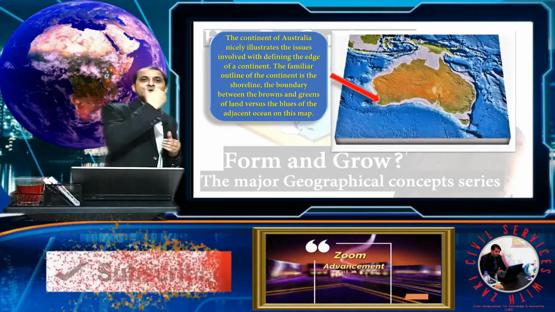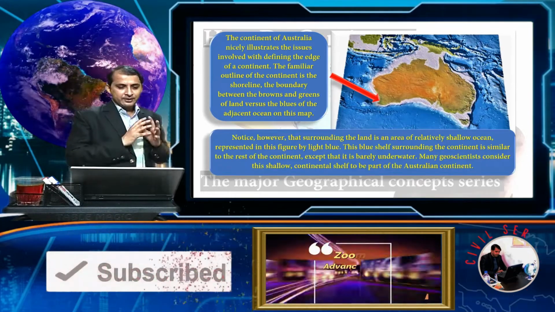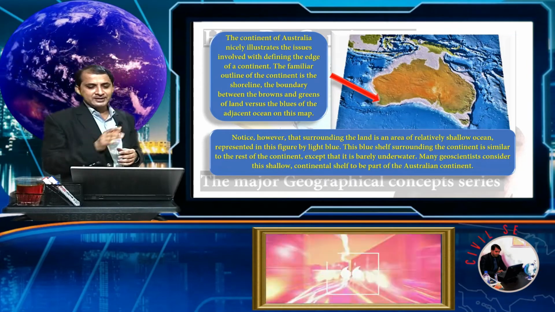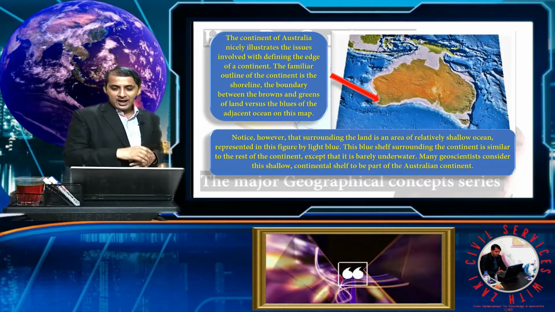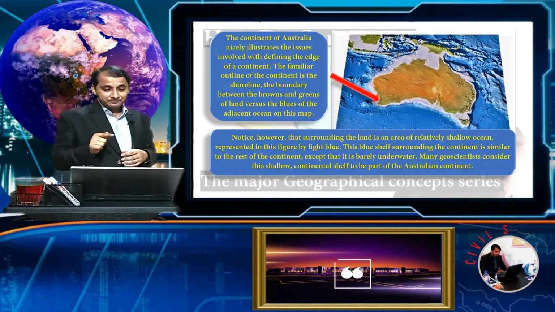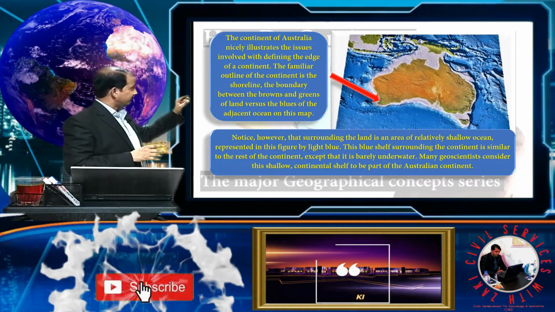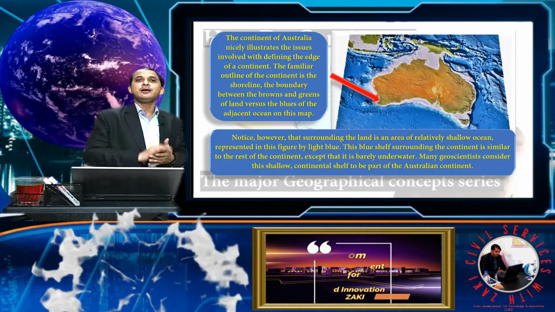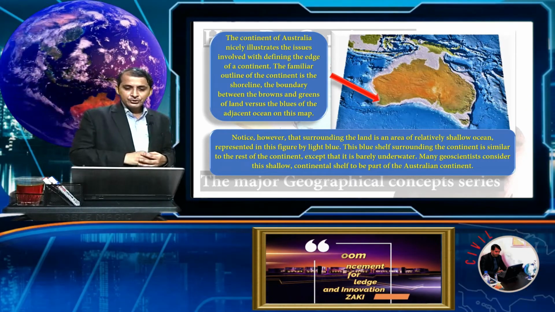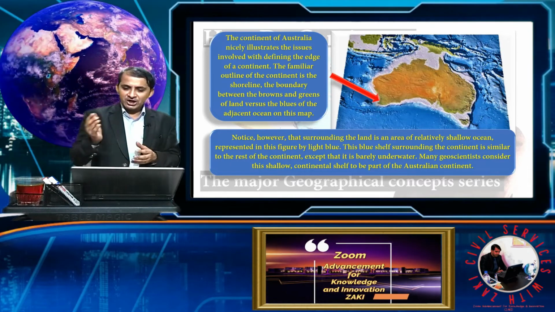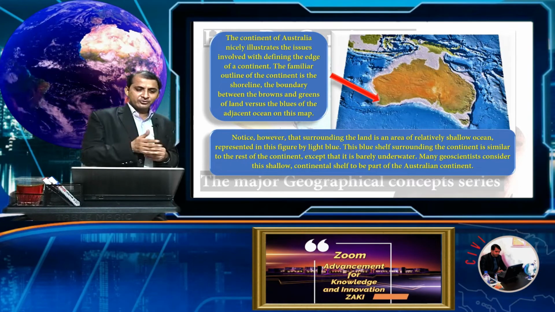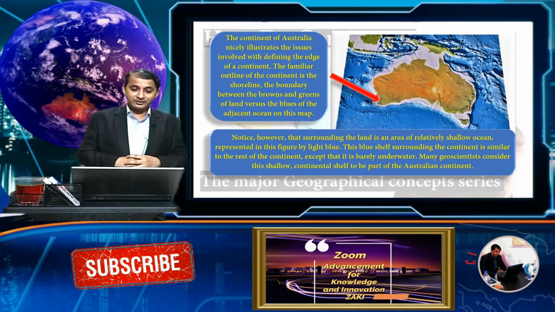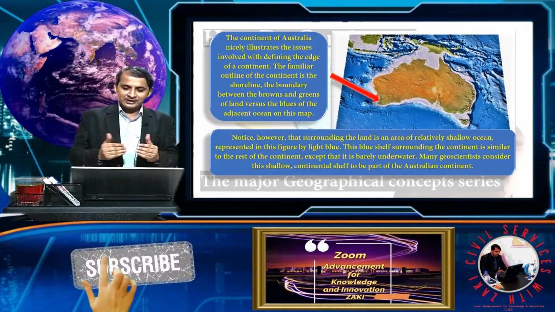If you move beyond the coastline, notice that the area surrounding the land is relatively shallow, and is represented in this figure as light blue. These light blue areas are the continental shelf. This blue shelf surrounding the continent is similar to the rest of the continent, except it is barely underwater.